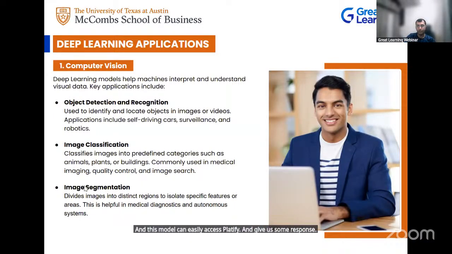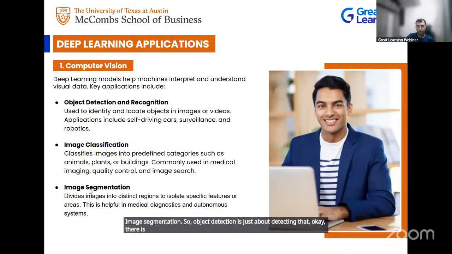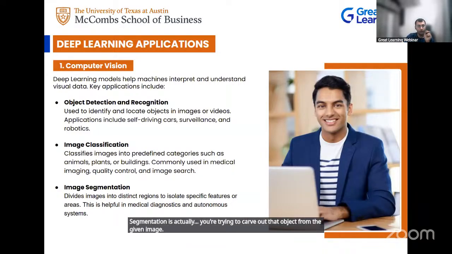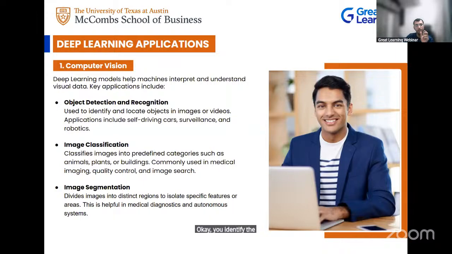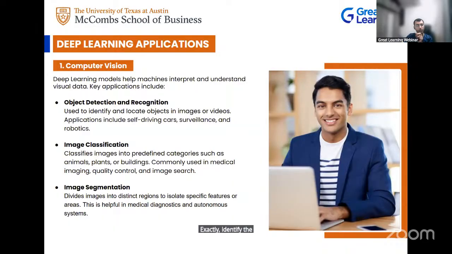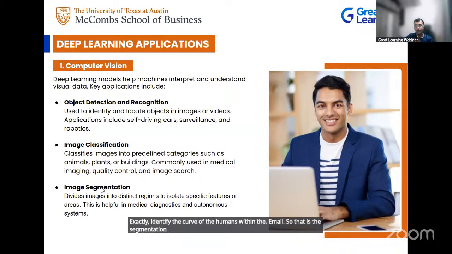Image segmentation: object detection is just about detecting that, okay, there is an object. Segmentation is where you're trying to carve out that object from the given image. You identify the exact area where that object is present. Like if there is a human, you'll exactly identify the curve of the human within the image. So that is the segmentation part which we can do.